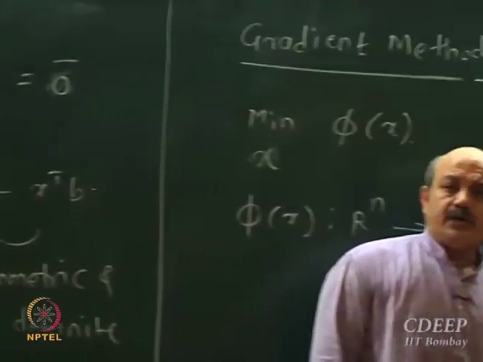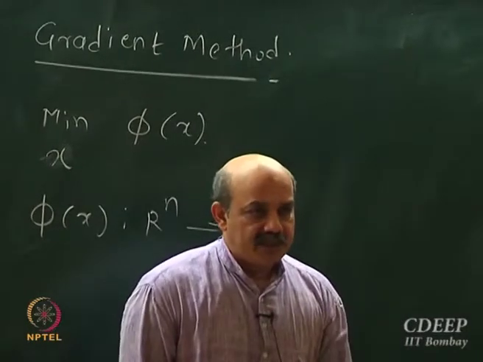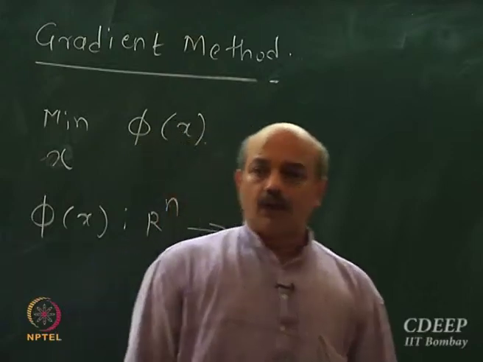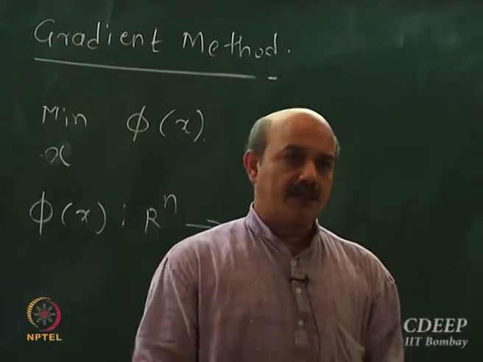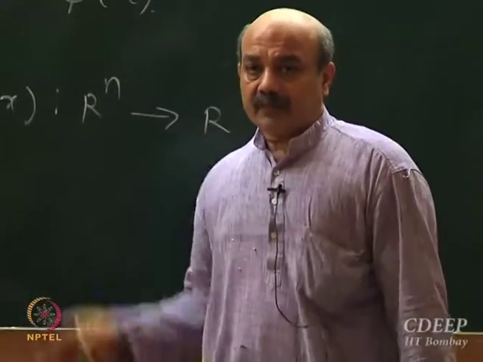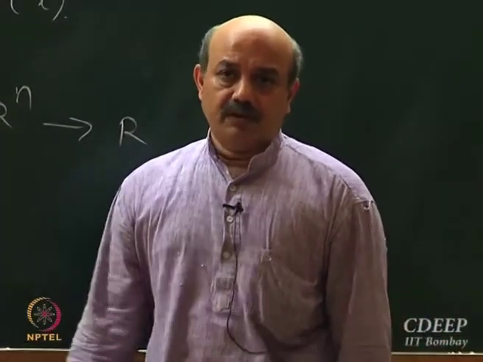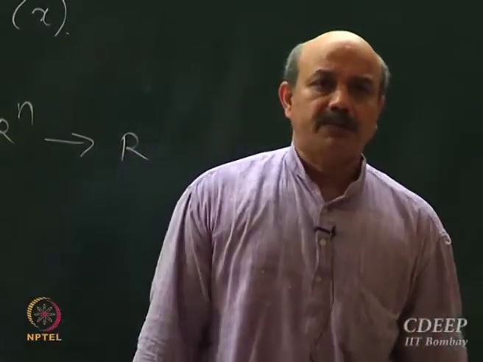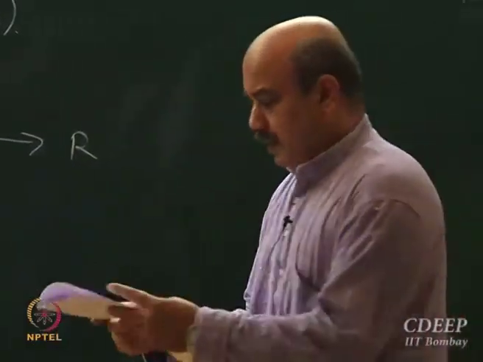One is to introduce to you gradient based methods and its variants, which are very, very useful in optimization, and I will show you what the applications are later. So, numerical search which is based on gradient, and then we will of course apply it to our specific problem, that is solving linear algebraic equations.